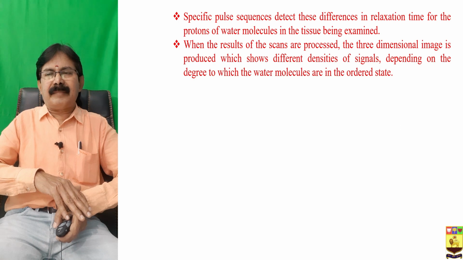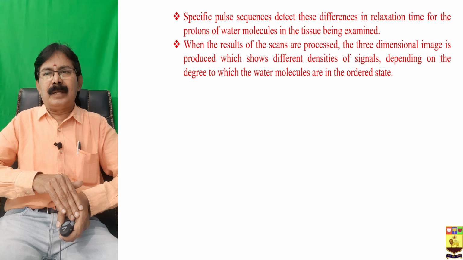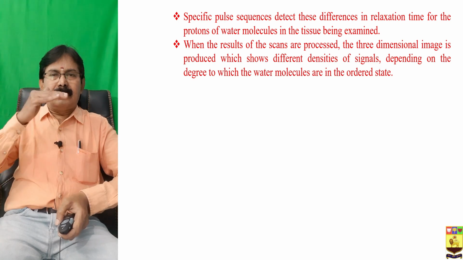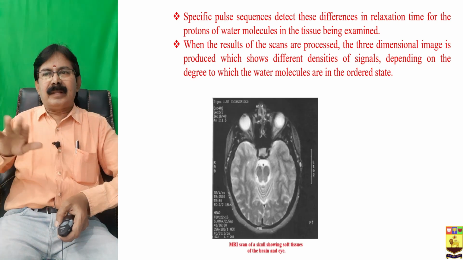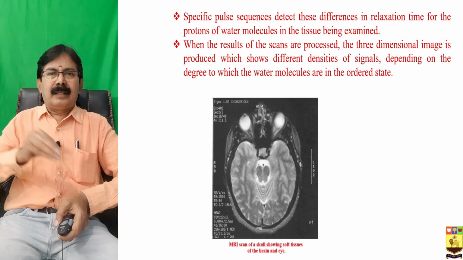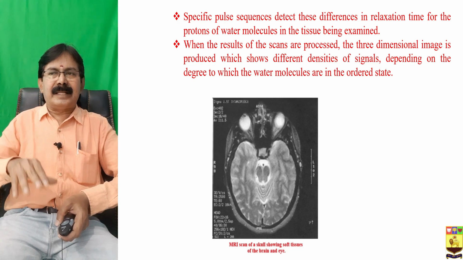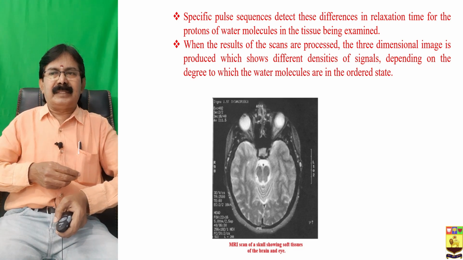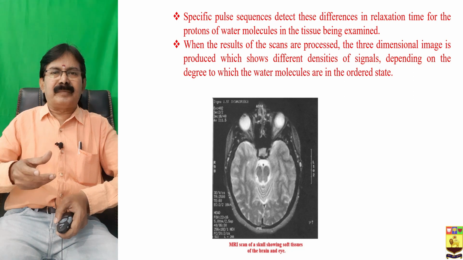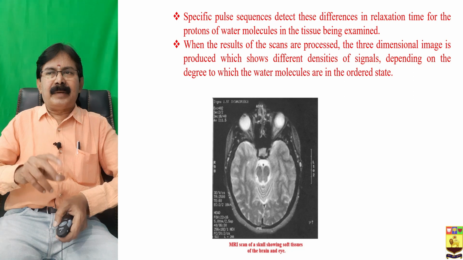So here we have the MRI of a normal brain. It is taken in the top view, where we have the brain, with brighter areas and darker areas, and we have the eyes, which are soft tissues, showing a brighter area.